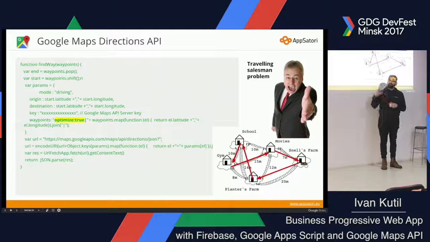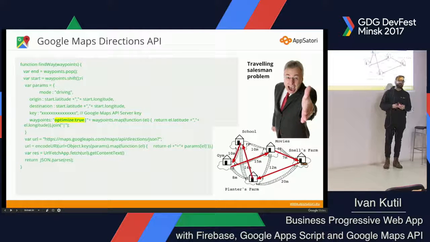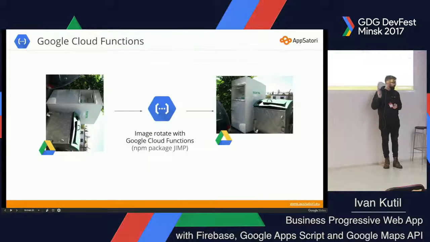But not a lot of people know that if you add the parameter optimize true and add more unsorted containers, up to 21, Google will find you the best route among these containers. So you can solve the very simple traveling salesman problem with just this Google API.